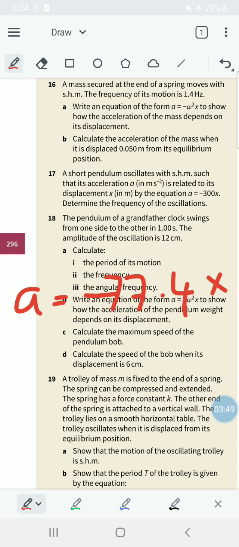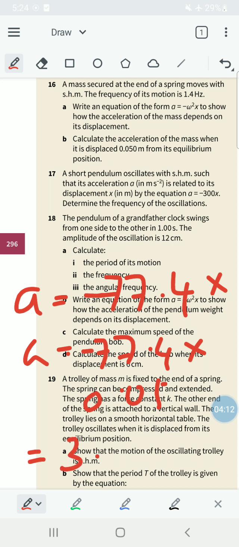Now instead of x, you have to put 0.05. a equals minus 77.4 multiplied by 0.05, and this will give you the acceleration to be 3.9 meters per second squared. I hope you understood. If you have any questions, please raise them.